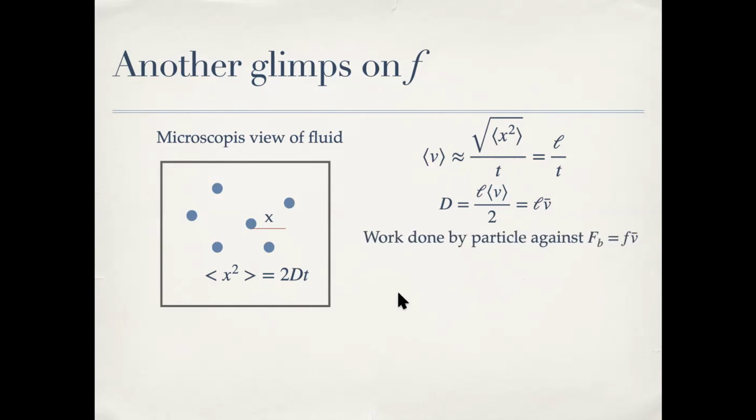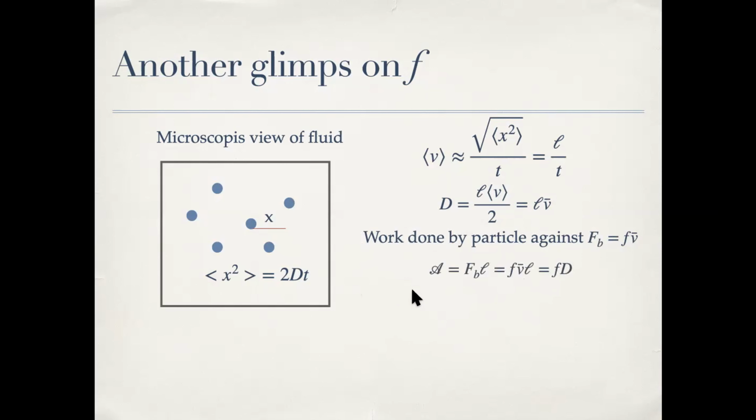And now, if the particle moves, and on average, it moves with the velocity V bar, therefore the force acting on this particle, this Stokes force, is the coefficient F times V bar.